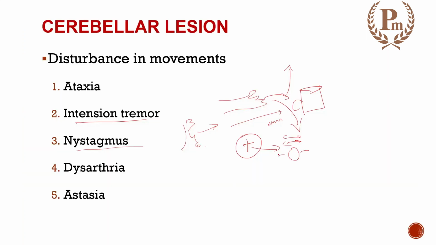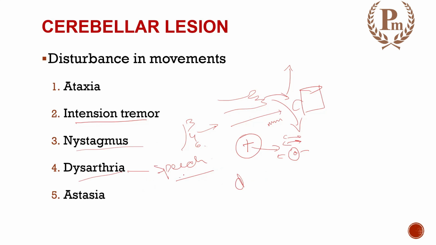Dysarthria. What is dysarthria? When there is a lesion in the cerebellum, there may be a problem in speech. As we know, movements such as dancing, writing, rapid movements require the cerebellum. Speech is a coordinated movement of many things.